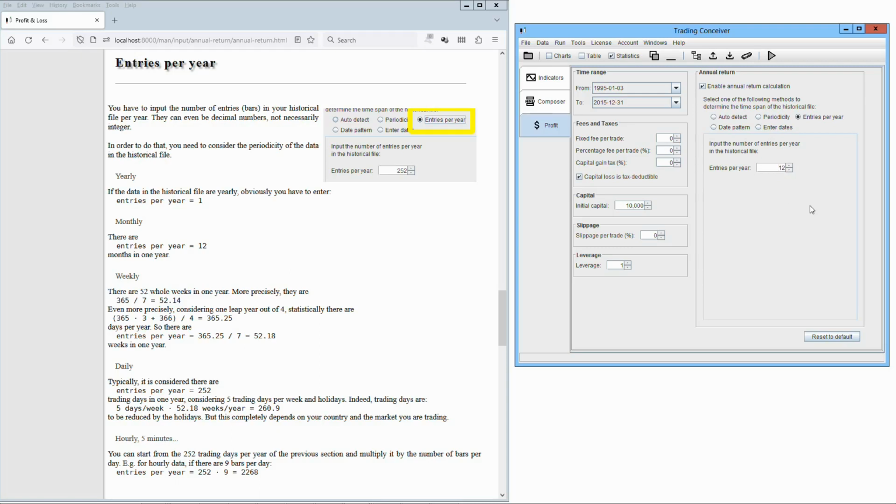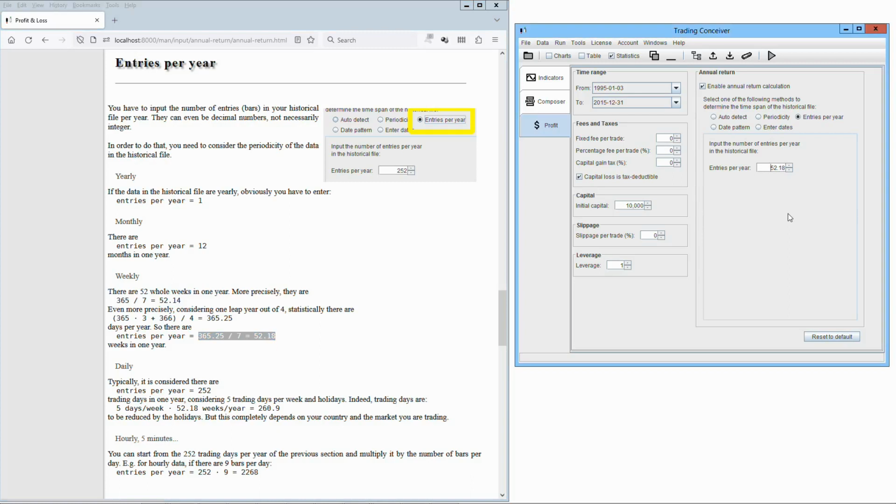If your data are weekly, there are 52 whole weeks in 1 year. More precisely, considering 1 leap year out of 4, statistically, there are 365.25 days per year. So there are a little more than 52 weeks in 1 year. So enter 52.18.